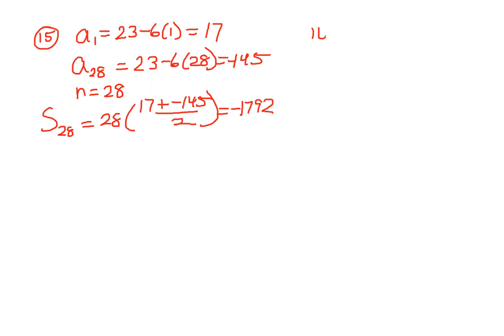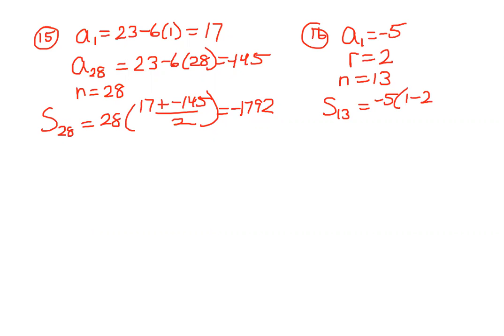All right, number 16 is geometric. Our first term is negative 5, r is 2, and n is 13. Substituting it all in, you get this, and you should get negative this.